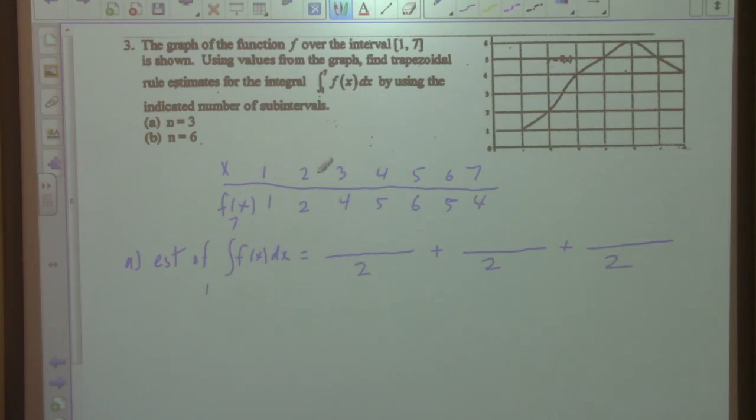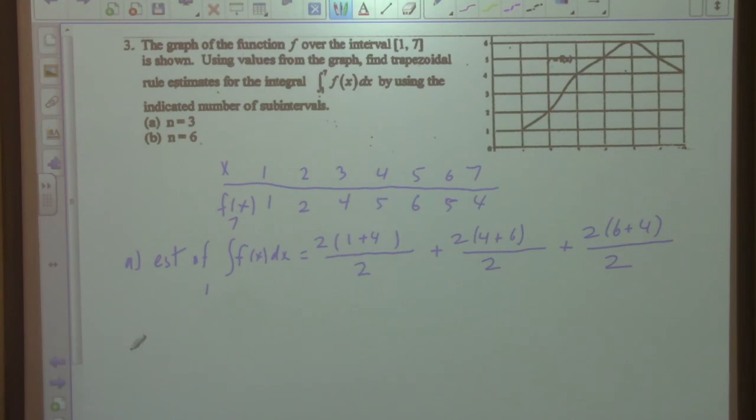So looks like we have a width of 2. They're all going to be widths of 2, aren't they? And then you have base 1 plus base 2. So 1 plus 4. This next one here, 4 plus 6. And the last one, 6 plus 4. So that's part A.